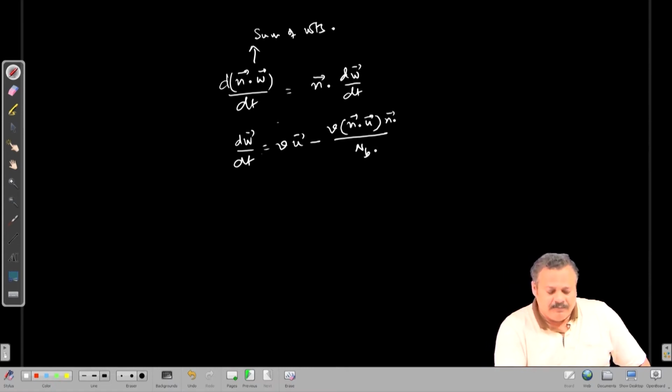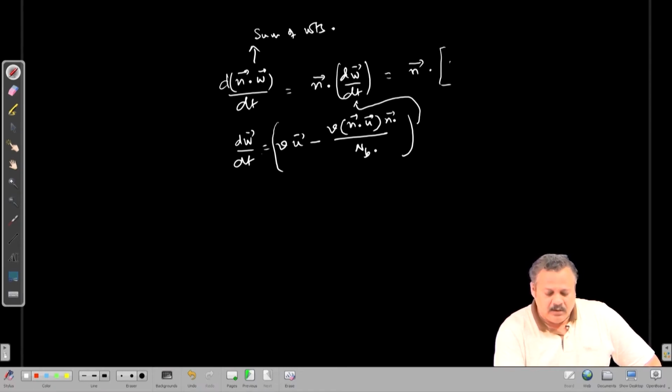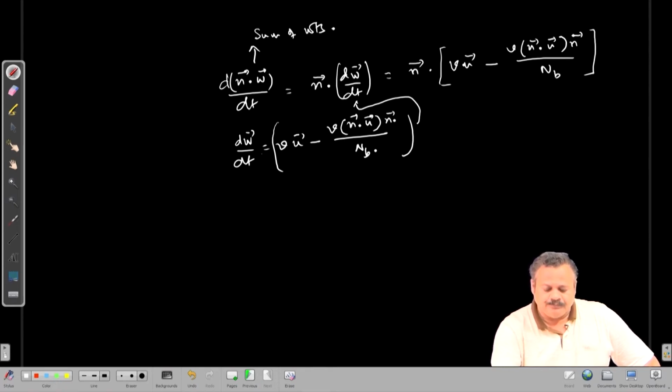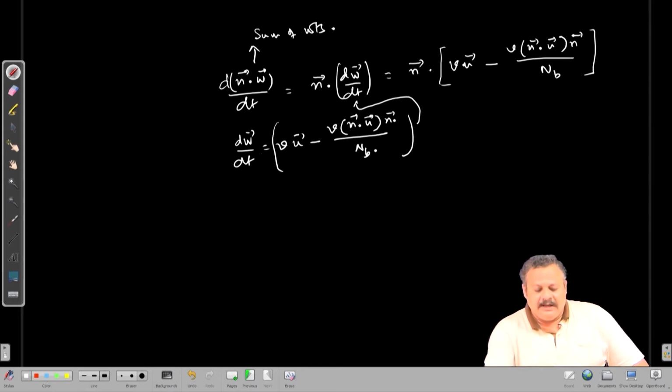So, now we simply plug this into dw/dt here, and so we have n in a dot product with v u minus v (n dot u) n divided by N_u. So, now if we take the n in here, what we will get is v times n dot u in the first term.